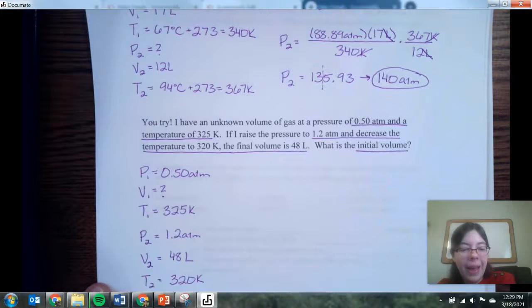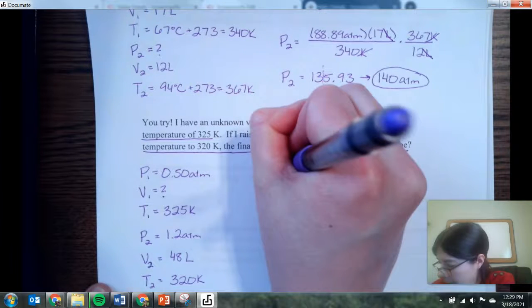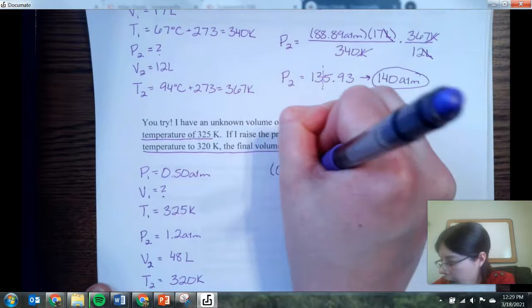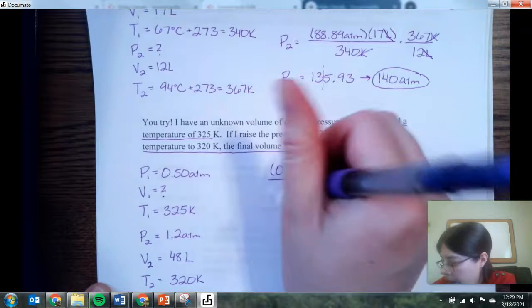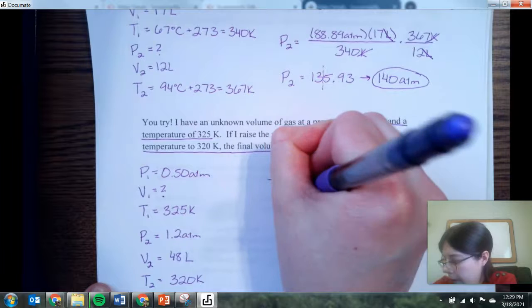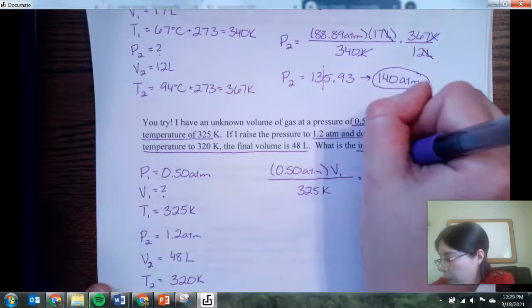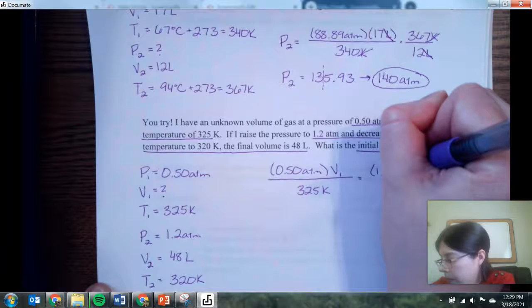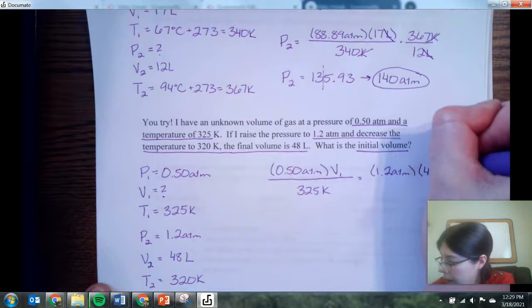So let's go ahead and plug in our values. So P1 is 0.50 atmospheres times V1 divided by 325 Kelvin. And that is equal to 1.2 atmospheres times 48 liters divided by 320 Kelvin.